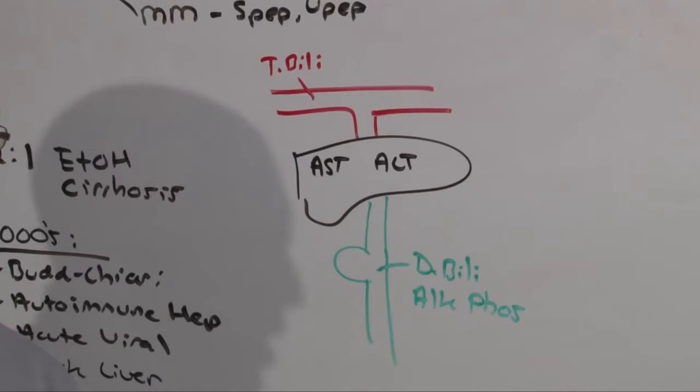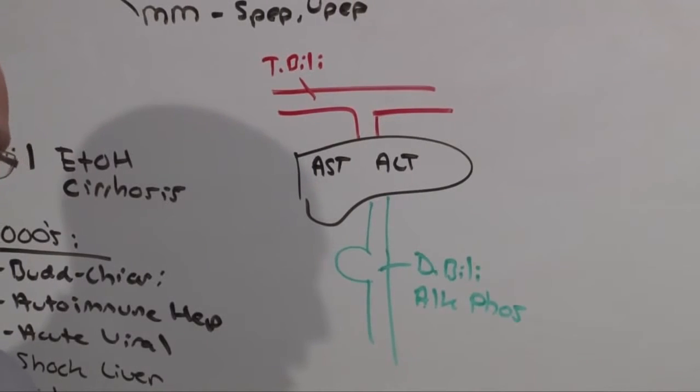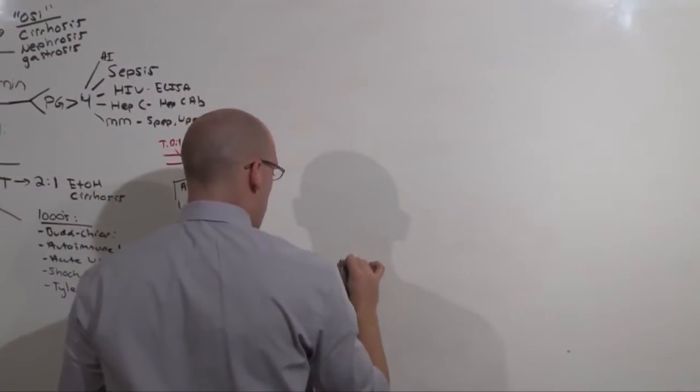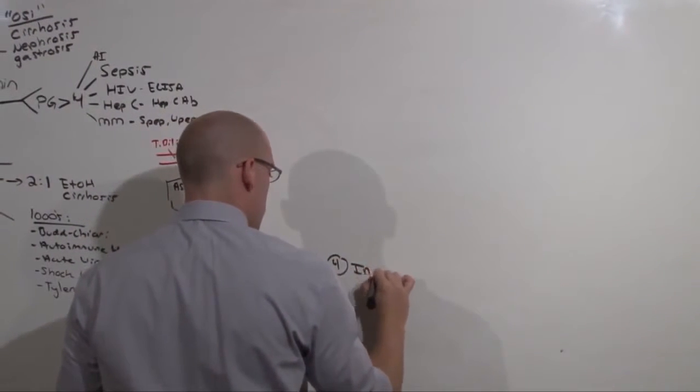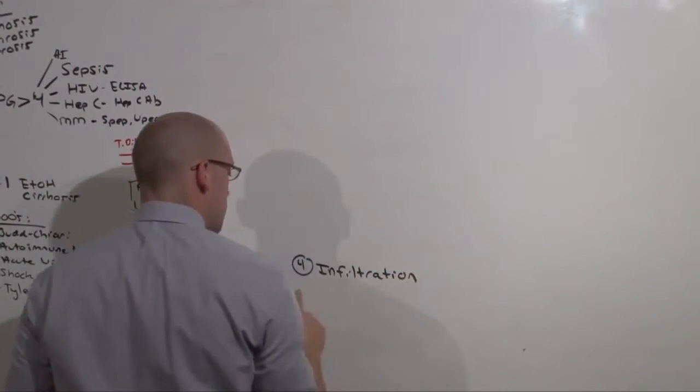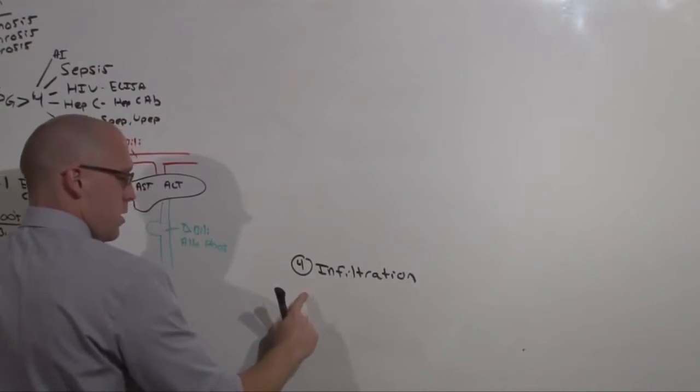Let's run through them now, starting with number 4, the one that people miss all the time, an infiltrative pattern. I put it number 4 because you're going to see it the least.